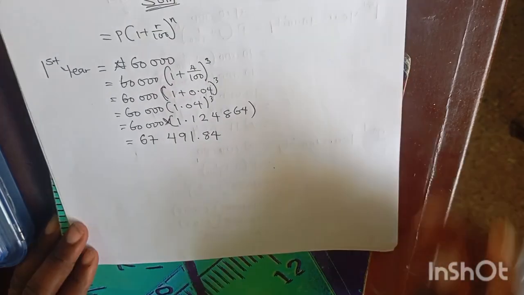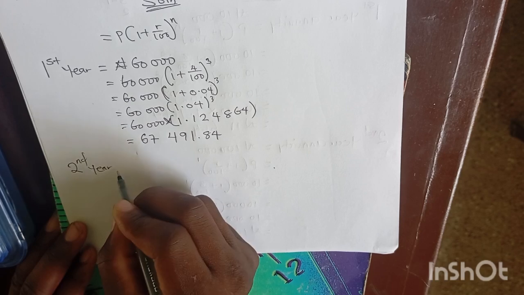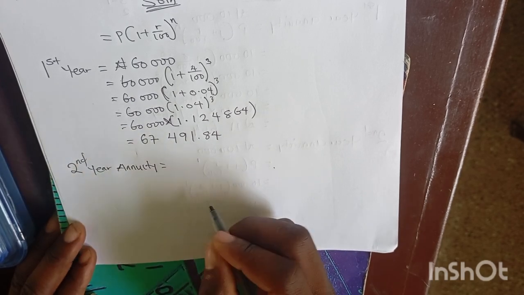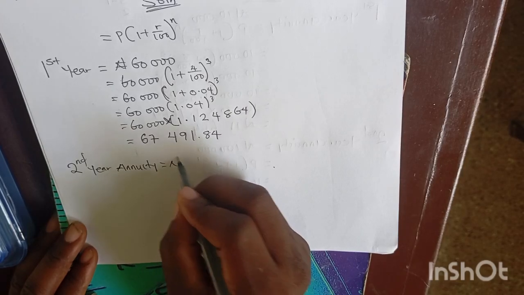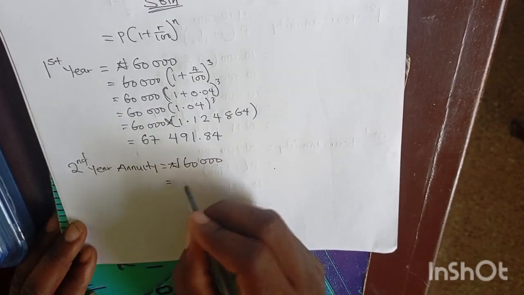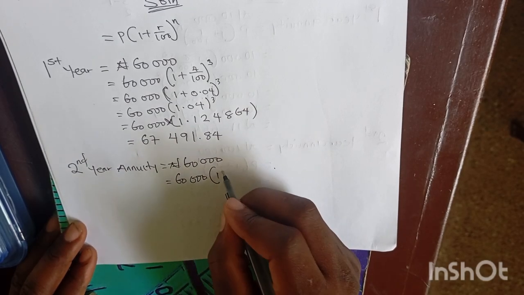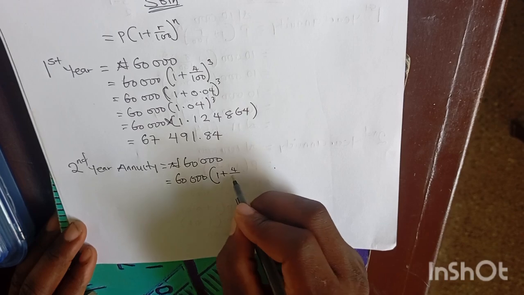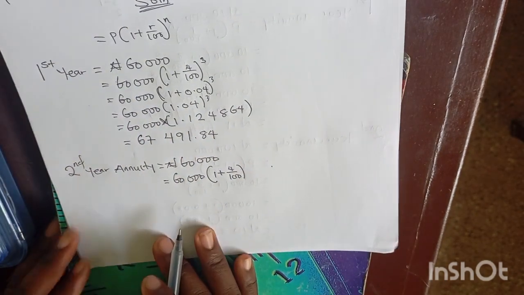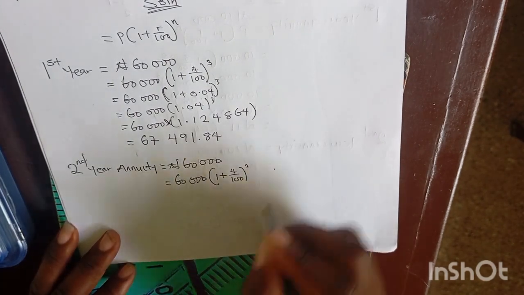Going for the second year. The second year annuity is 60,000 open bracket 1 plus 4 all over 100 close bracket. In this case, the power reduces by 1, so we now raise to the power of 2.